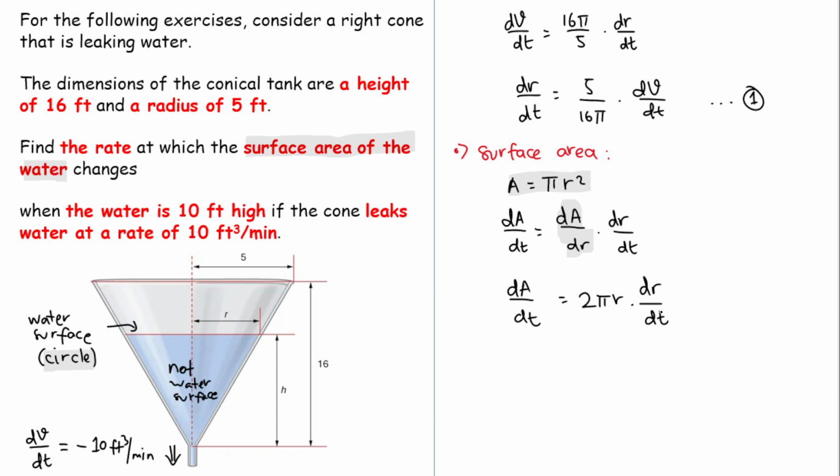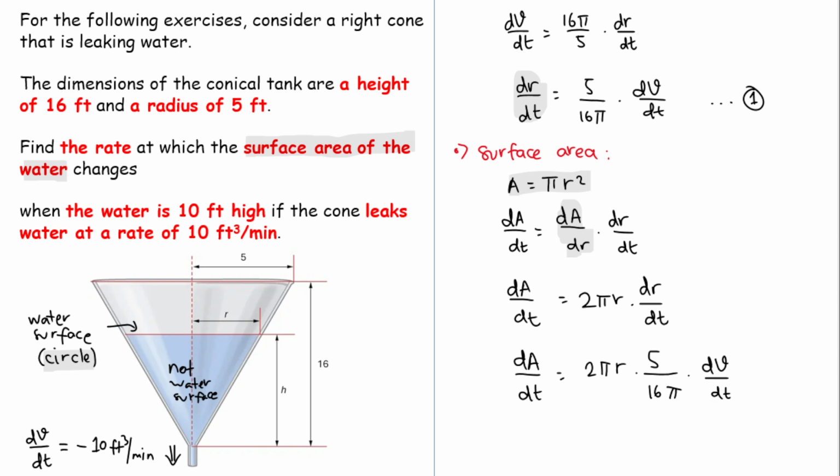Good. Now, what else can we have? dr/dt here is this function here, so let's plug that in once again. So I will have dA/dt equal to 2 pi r multiplied by 5 divided by 16 pi, then multiplied by dV/dt.